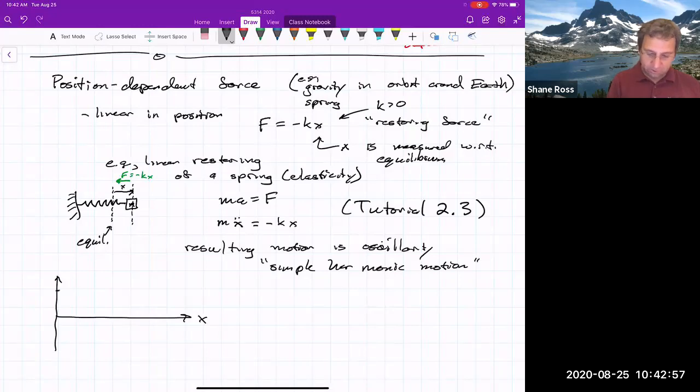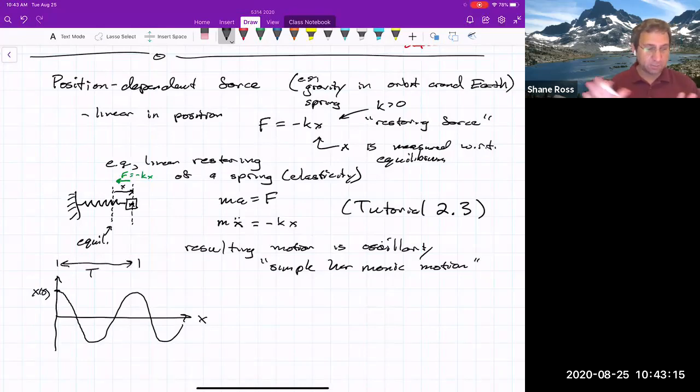If you started with some initial position, you expect this to be sinusoidal in the absence of damping. And from here to here, it'll be some period T, and there'll be periodic motion. And this is in the idealized case of no damping.